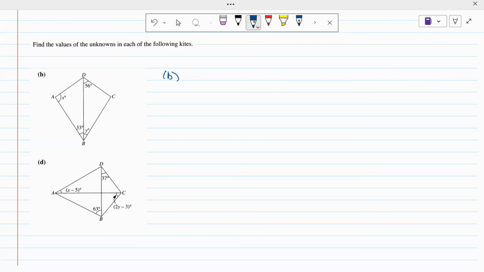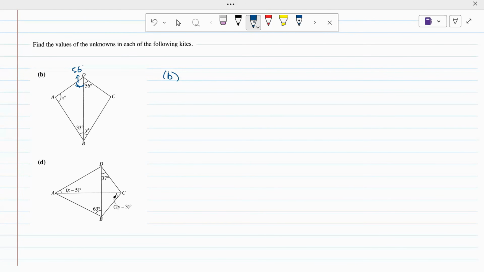The longer diagonal divides the kite into two triangles that are mirror images of each other. So if part of D is 56, the remaining part of D will also be 56 because it's a mirror image.